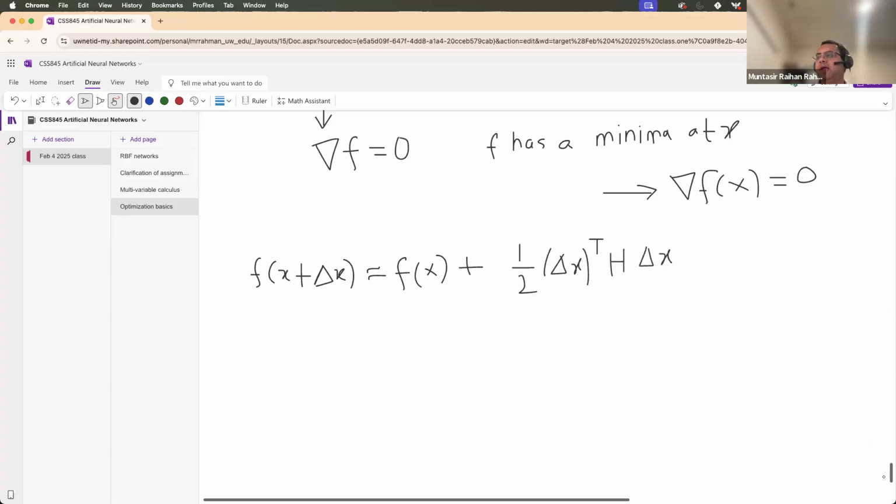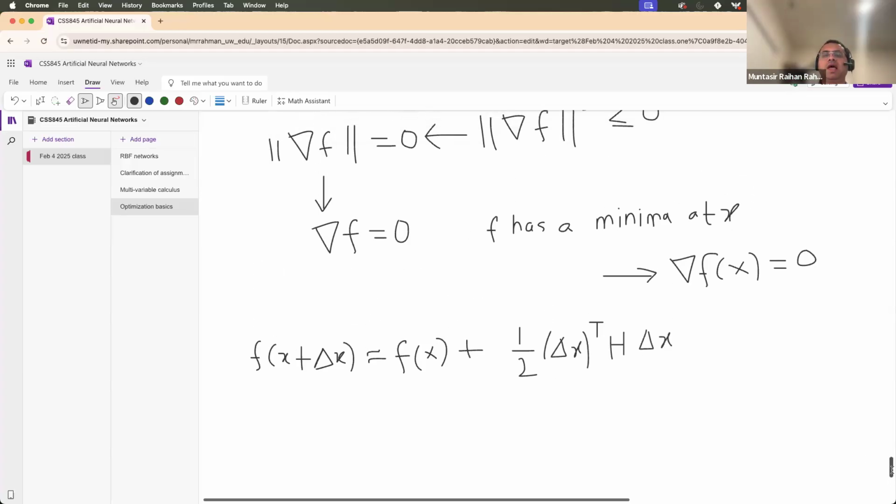And now we apply the same thing. We say that if x needs to be a local minima, if I perturb x by moving into a slight direction x plus delta x, then f only can increase, which means this whole term must be greater or equal to f of x. And then if you cross out this and this, you have that this term must be positive.